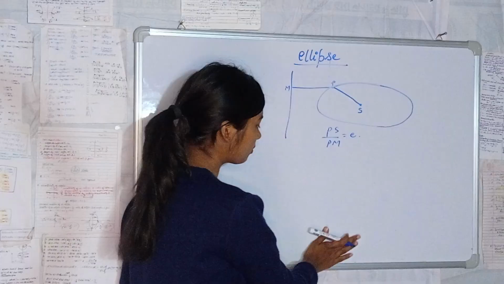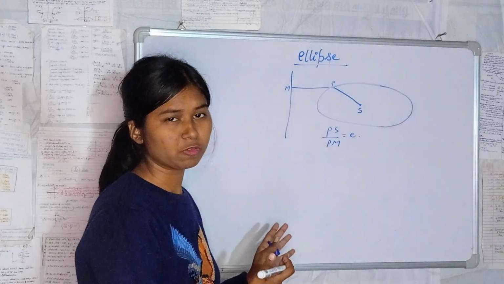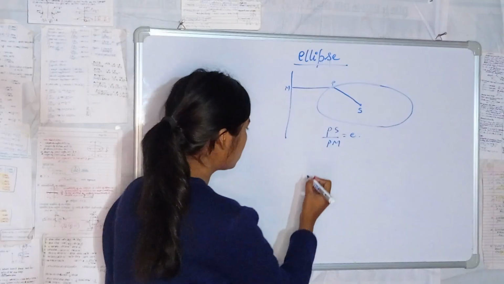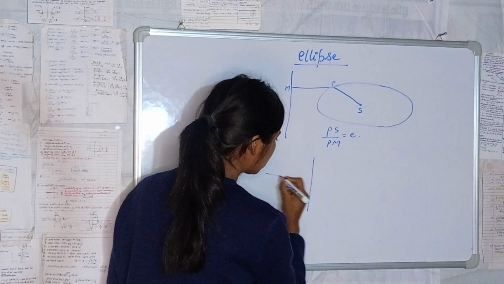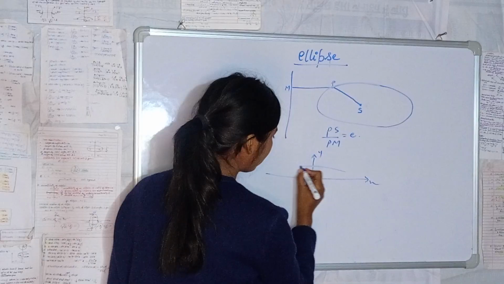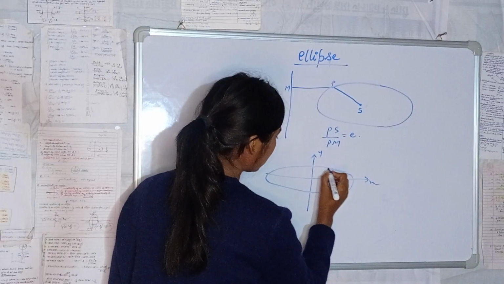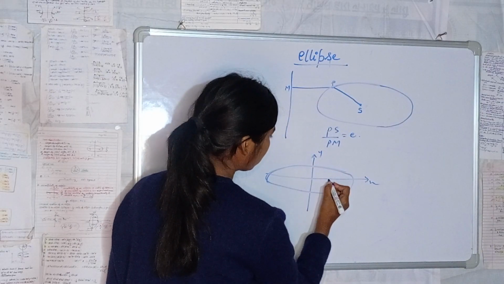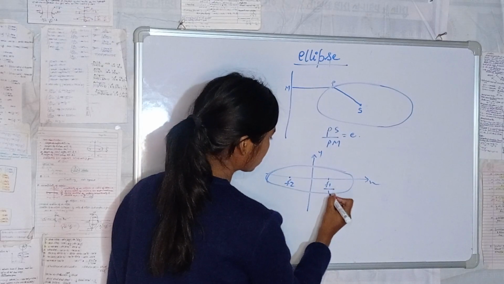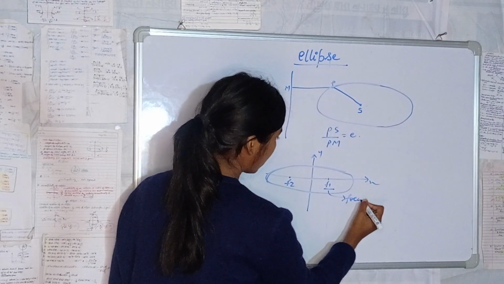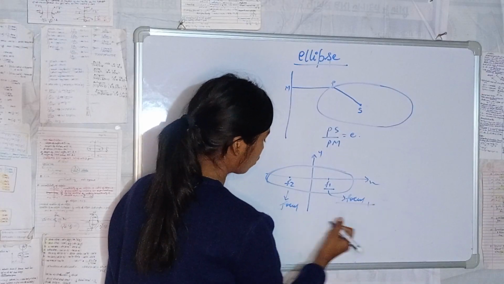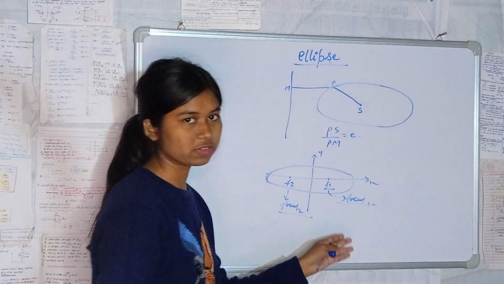Now let's get familiar with some of the terms which are very important to know, so that we can solve the questions further. Supposing this is x and this is y, this is the ellipse. Now this is F1 and this is F2, considered as focus 1 and focus 2.